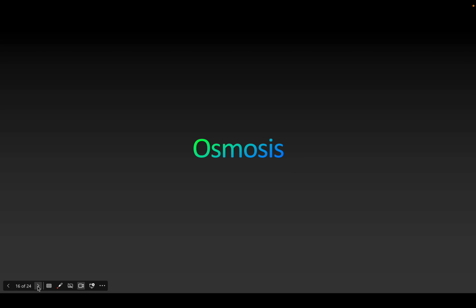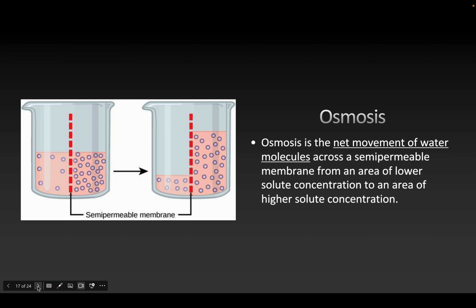Okay. Now, let's take a look at osmosis. Technically, we have to define it. We have to reiterate and mention the technical definition of osmosis. Osmosis is the net movement of water molecules.